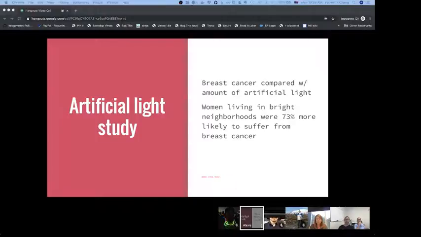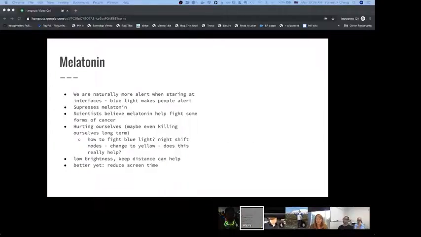I didn't look further into the study, but I'm sure there are a bunch of other ones that say blue light is generally harmful, not just like breast cancer. And it goes into why though. It's because of melatonin, we are naturally more alert when staring at interfaces, and it suppresses the melatonin, which obviously helps you sleep.